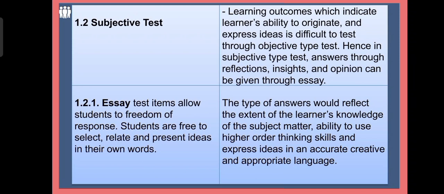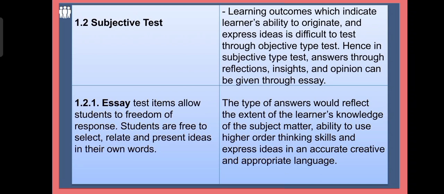It can be hard to measure this through objective tests like multiple choice questions, so subjective tests are used instead. In these types of tests, people can give answers that show their thoughts, opinions, and reflection by writing essays. Basically, it's a way for people to show what they know in their own words.